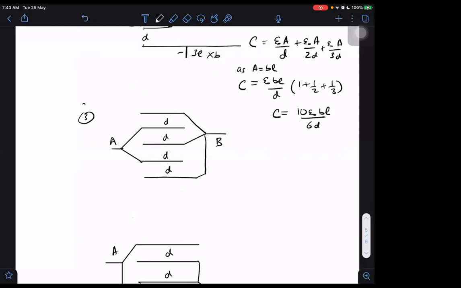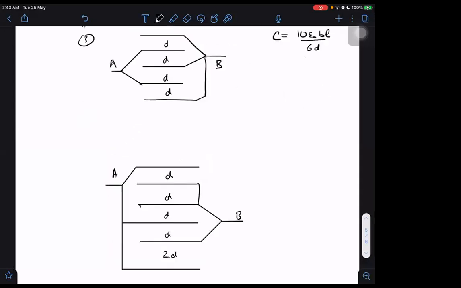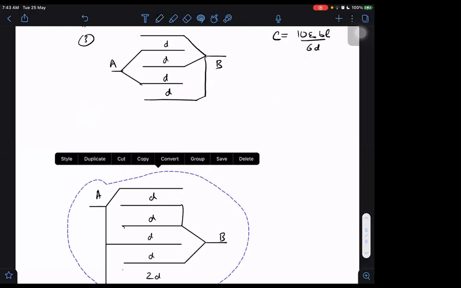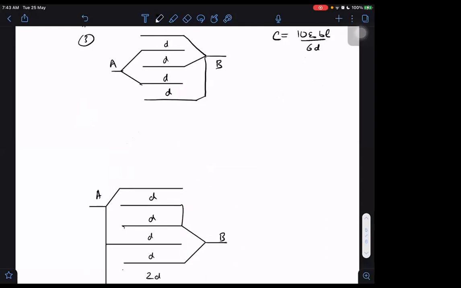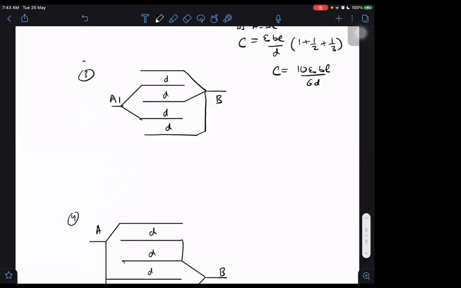Okay. What is the second case answer? How to do such a question now? In this case, we have to convert it into an equivalent network, if you like. Minus is where B is.